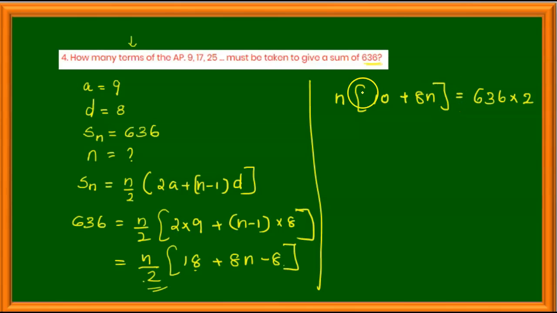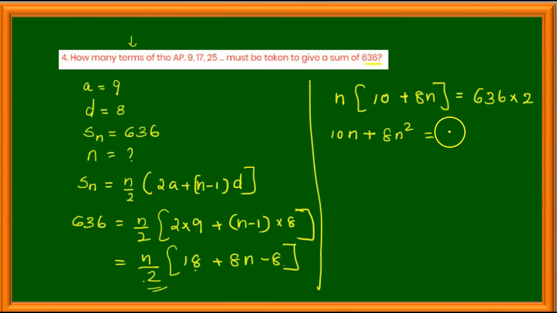Yes. Now opening this bracket, what will we get? 10n plus 8n square is equal to 636 into 2. Multiply it, 636 into 2, double of that one.